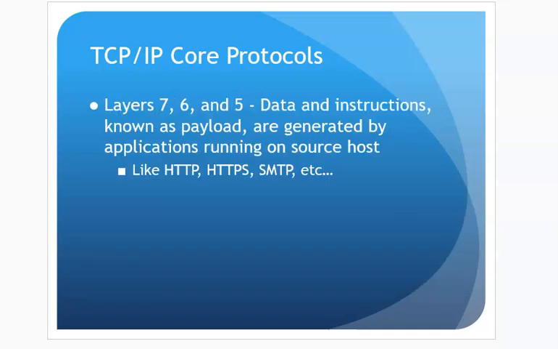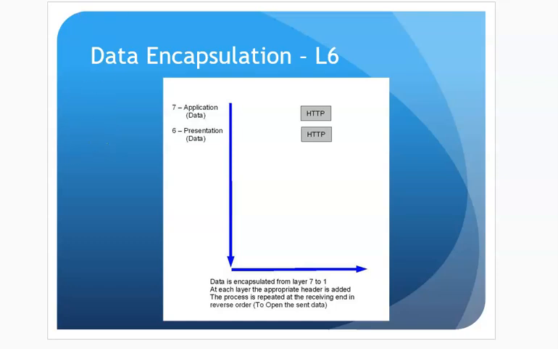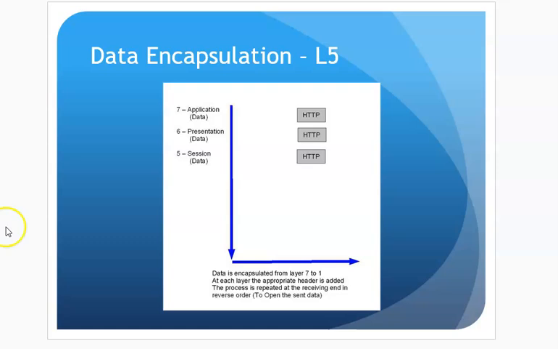Okay, so thinking back to what we talked about in Chapter 1 with data encapsulation, let's say I'm going to request a web page. My web request, layer 7 is data, layer 6 is still data, layer 5 is still data. That's why in the TCP/IP model they combine those three layers into one.